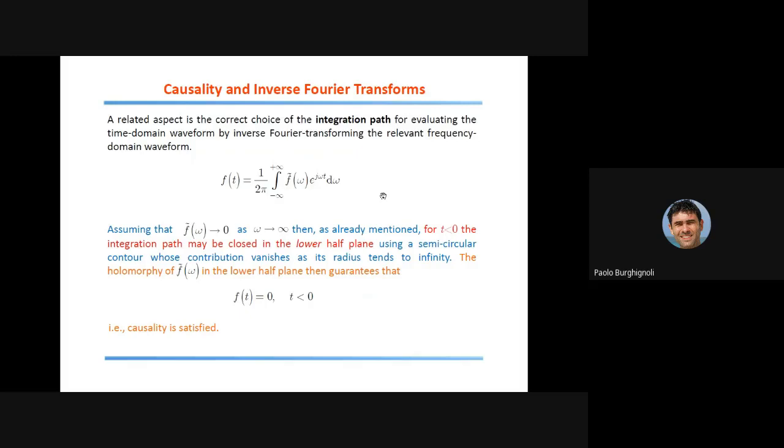So, since we know that the function f tilde is holomorphic in the lower half plane, then Cauchy theorem guarantees that the function f in time domain is equal to 0 for negative times. So causality is satisfied. Okay. So this is the converse of what we have seen before. If we know that the function in the frequency domain is holomorphic in the lower half plane, then the function in the time domain must be causal.